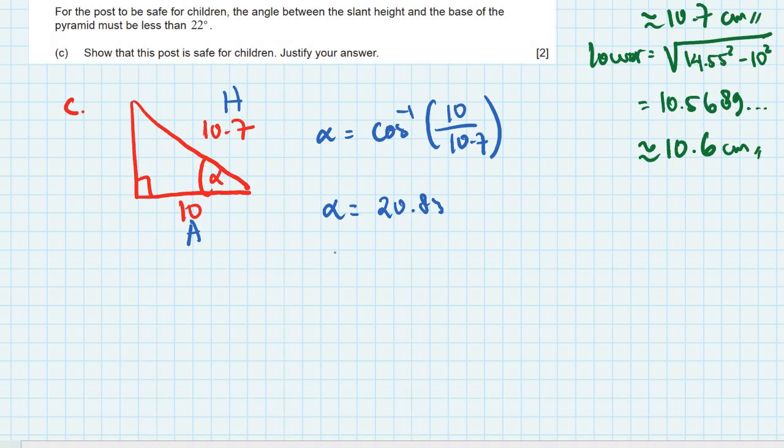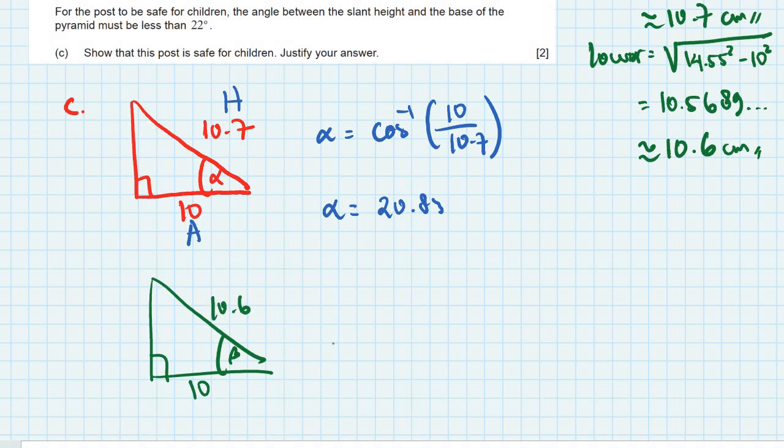If we are using 10.6, it's basically the same. I'll call this angle beta. This is 10.6.